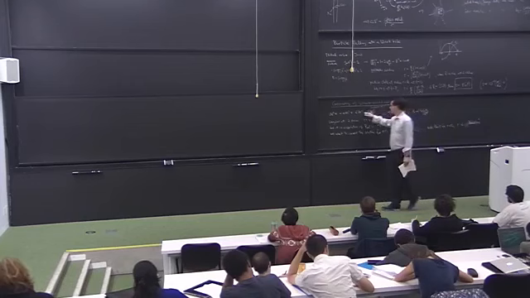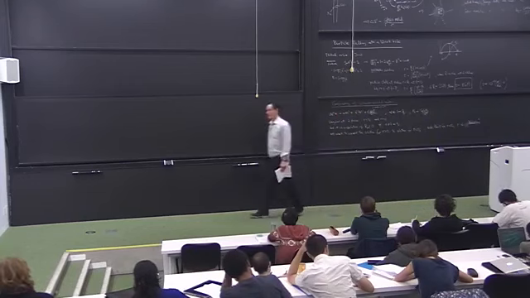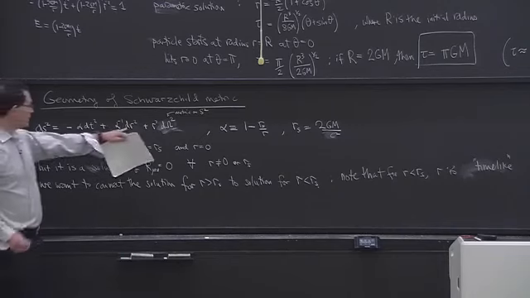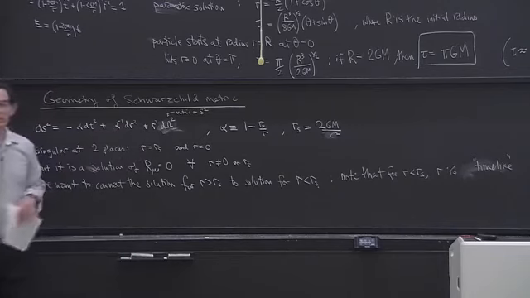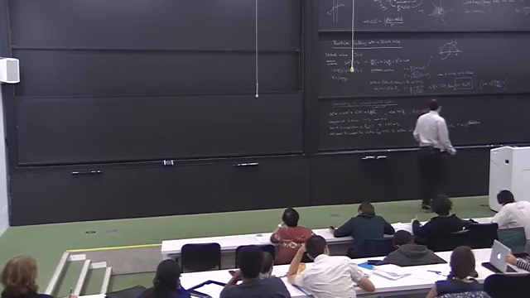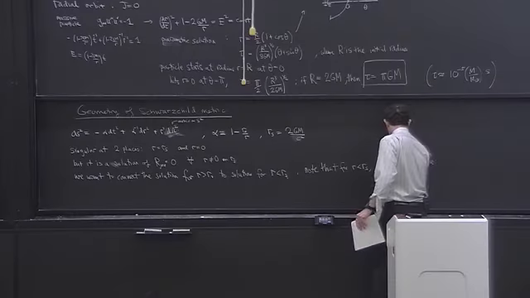It just means that the term involving dr squared is negative for r less than Rs. So when we go below the Schwarzschild radius, r is the time, and t is a radial coordinate, because this coefficient is positive. r is time-like, and t is space-like.